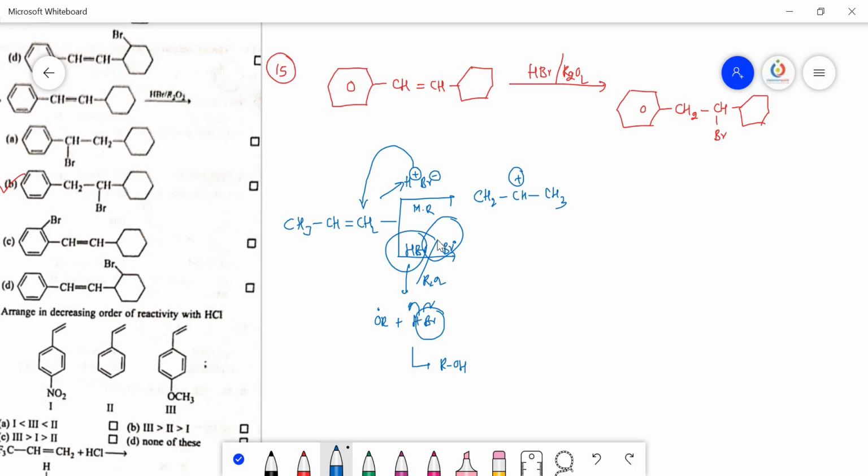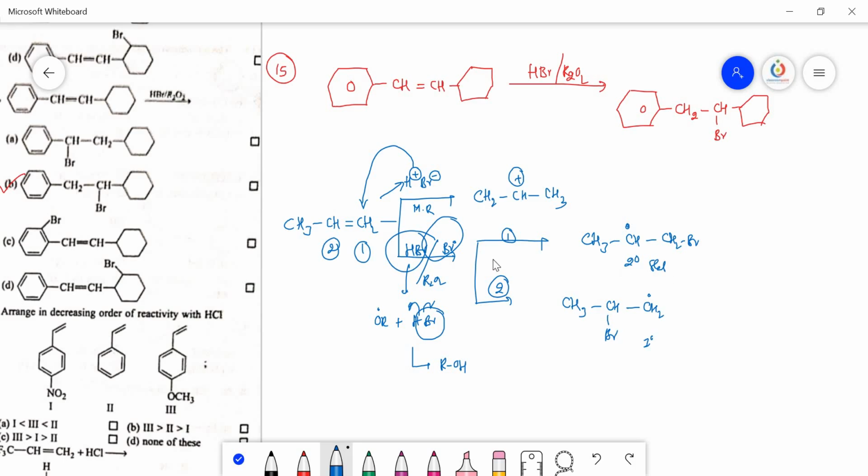preferably attacks. So if halogen free radical attacks this particular place and this particular place, means two chances are there again here, attacking at the first carbon or attacking on the second carbon. If it is attacking on the first carbon, it provides CH2Br, this is secondary radical, and if it attacks over the second carbon, it provides primary radical.